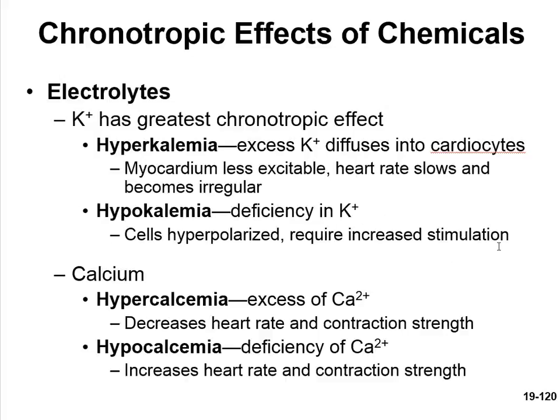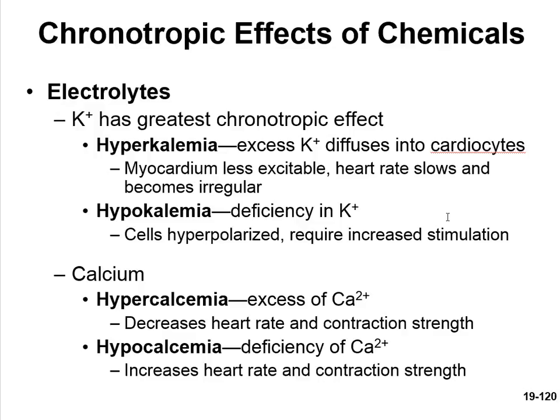Electrolytes like potassium and calcium can have an effect. Using these words here, hyper means too much and hypo means not enough. So having too much potassium, excess potassium would then diffuse into the cardiocytes. The myocardium would become less excitable and the heart rate would slow down.